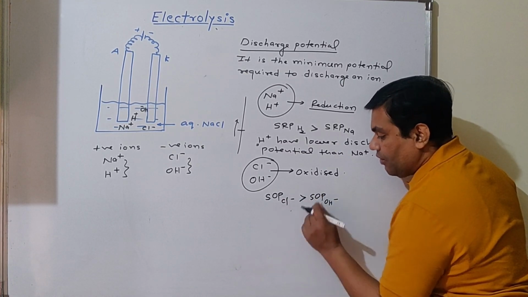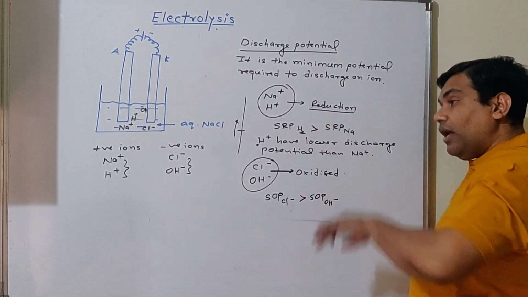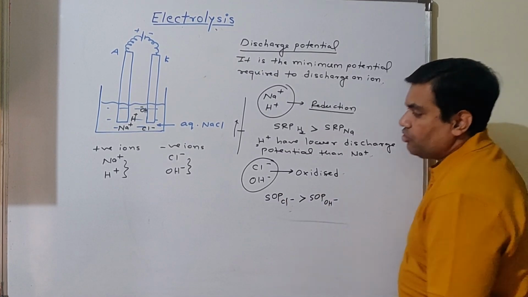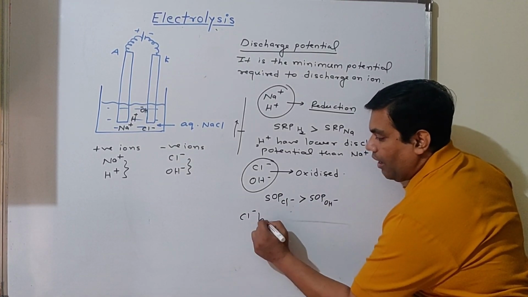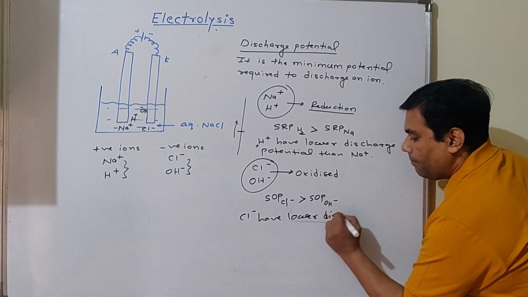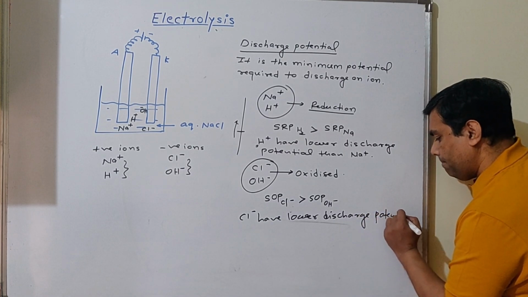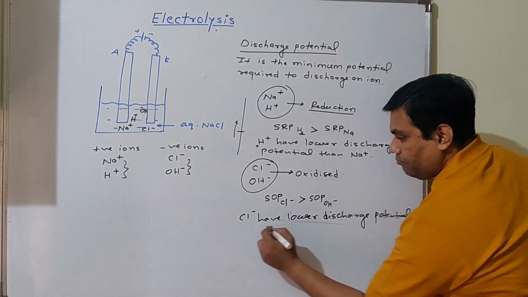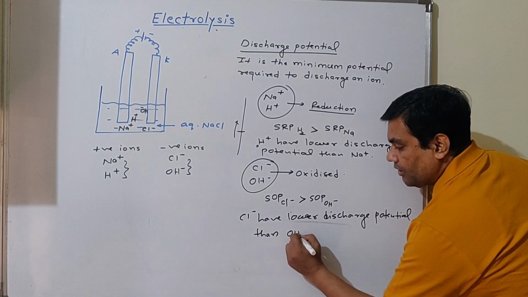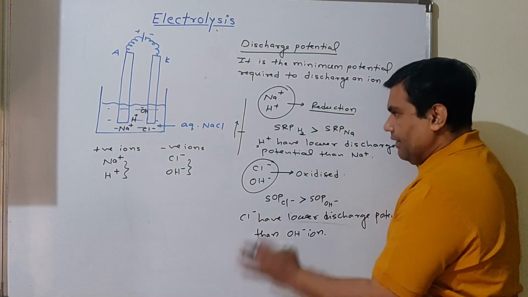And that's why Cl negative will have a lower discharge potential. To get oxidized, Cl will require a lower potential. So we say that Cl negative has a lower discharge potential than the OH negative ion.